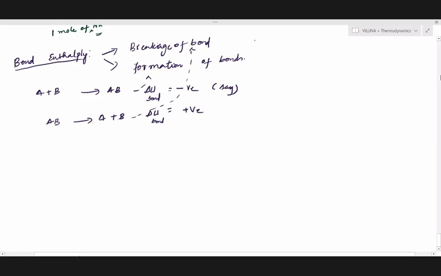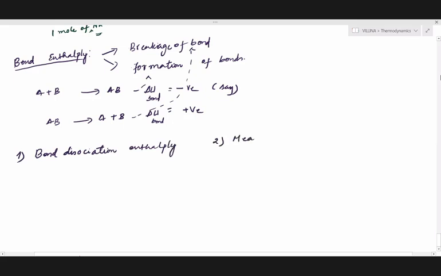When it comes to bond enthalpy, we cannot apply the same point of view to all sorts of reactions. There are two terms for bond enthalpy. The first one is bond dissociation enthalpy, and the second one is mean bond enthalpy.